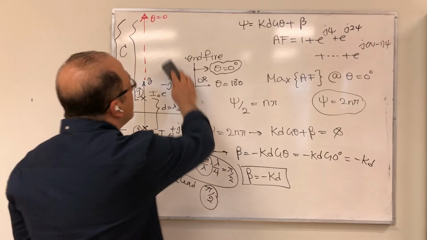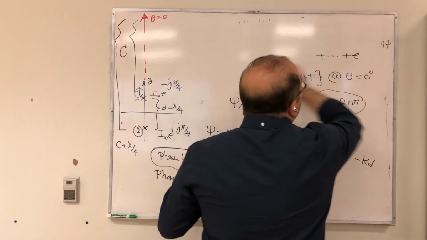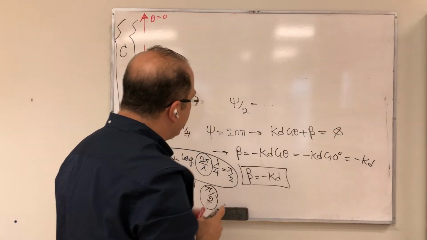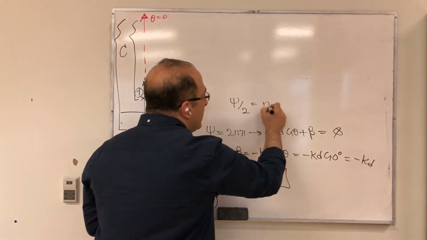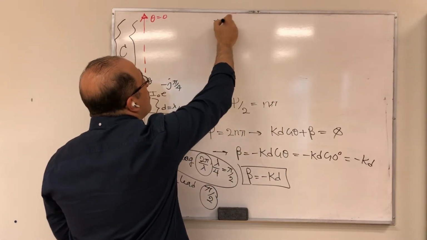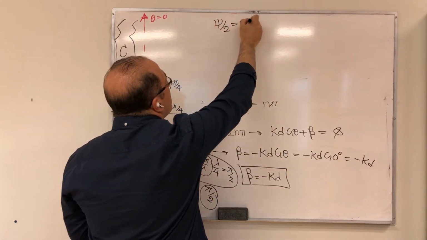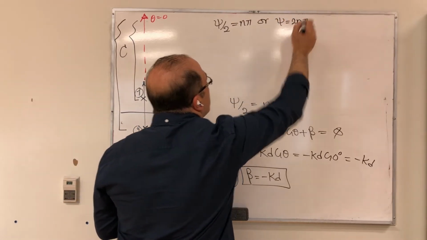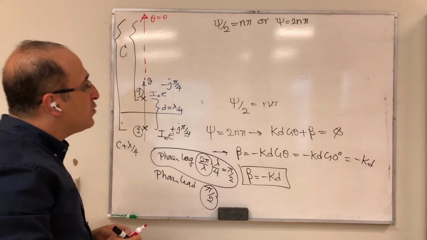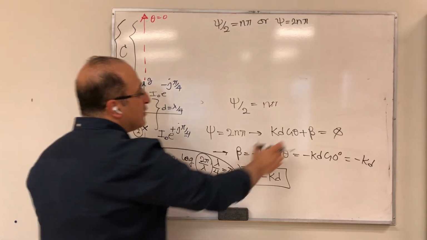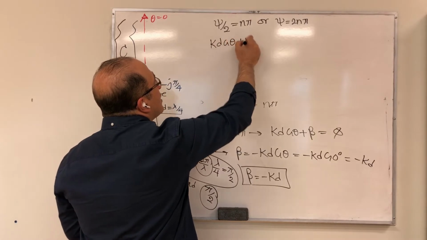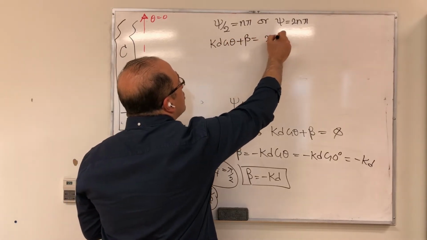Let me start by again discussing the same thing. If you remember, to have a maximum, we said psi over 2 should be n pi, or equivalently psi should be 2n pi. So this is the situation that we have: KD cos theta plus beta should be equal to 2n pi.